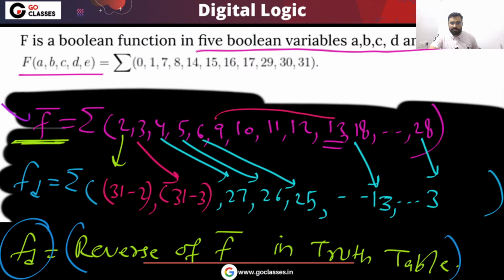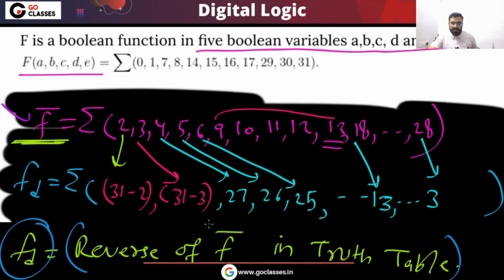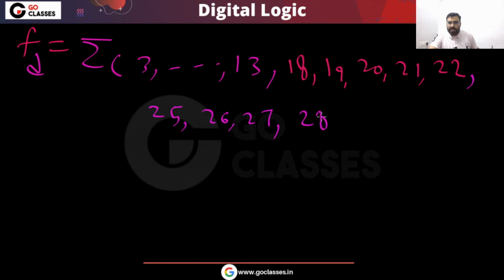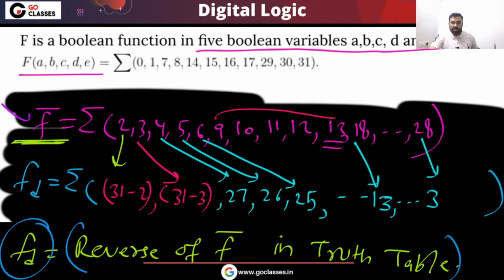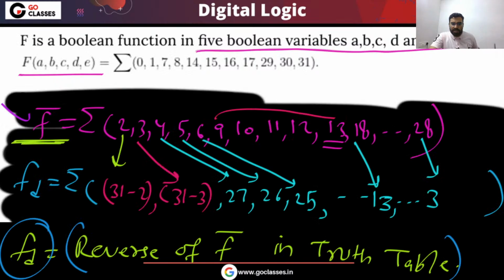Then you will get 25, 26, 27, and then 28, 29. Okay, so this will be your answer. Finally, your F dual is basically this.